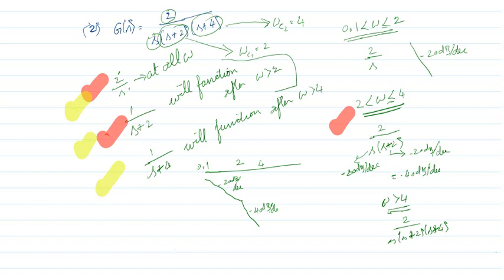We know each term is minus 20 dB, so together it is minus 60 dB per decade. So after 4, it is minus 60 dB per decade. This is the approximate Bode plot.